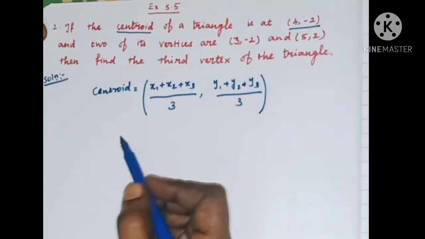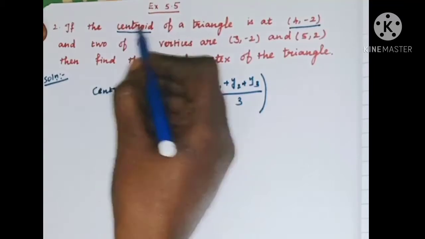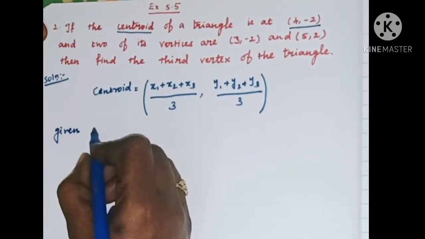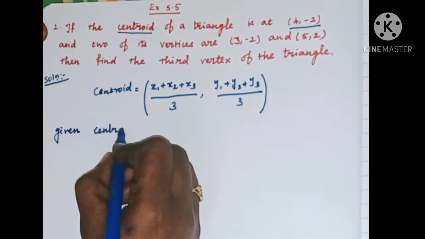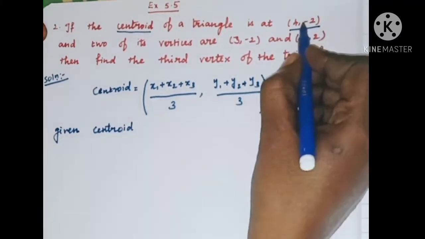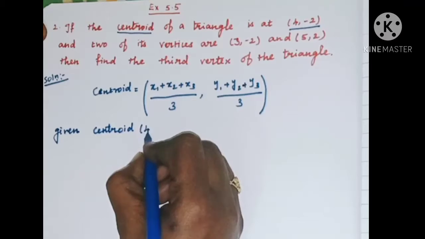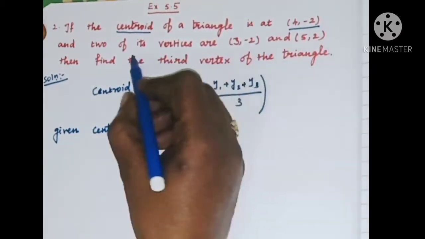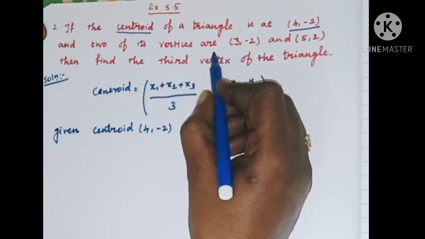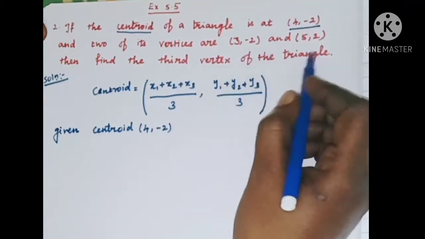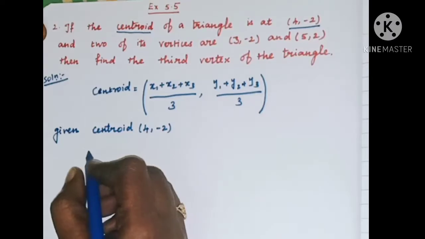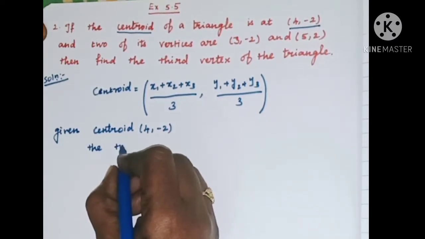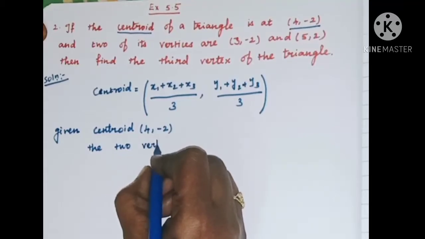The centroid is (4, minus 2). So here they are given the centroid, and two of the vertices of the triangle are given.